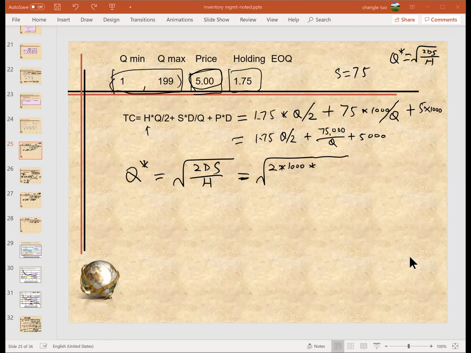Here, the S is $75 per order, divided by H, which is 1.75.